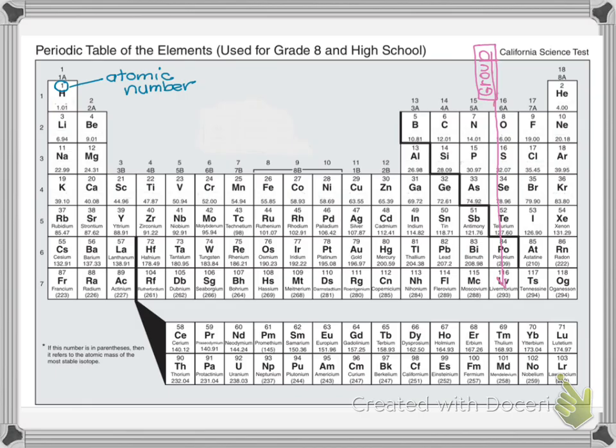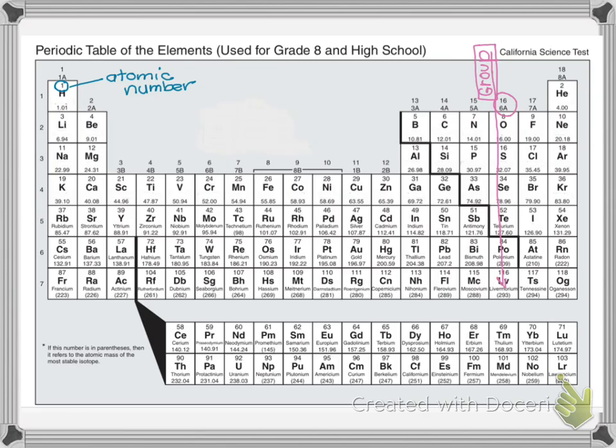And groups have their own numbers. So they have a traditional, which would be a number with a letter, either A or B. And then the more modern is just numbering each column 1 through 18. So if I said group 6A, then you would know which column it's in. Or I could say group 16, you would know which column it's in.